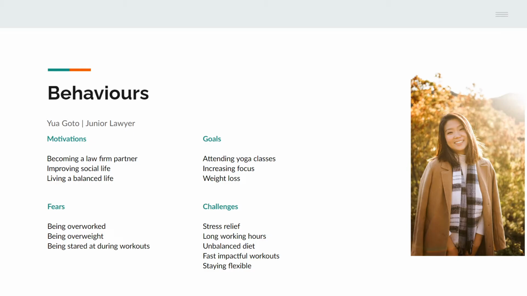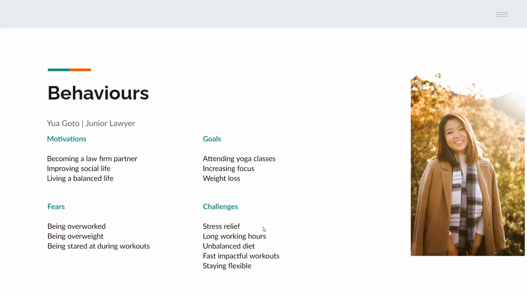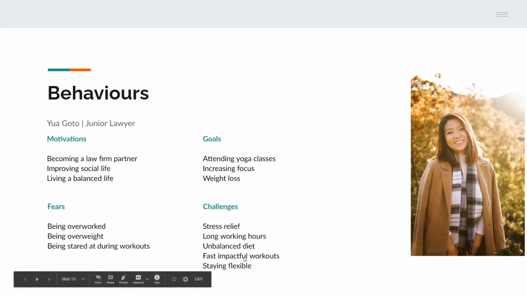As you can see, slightly different than Akiro, but still focused on getting a gym so that she can live a more balanced life. Her challenges are stress relief, long working hours, an unbalanced diet, and fast, impactful workouts. That's what she wants, and obviously staying flexible as well.